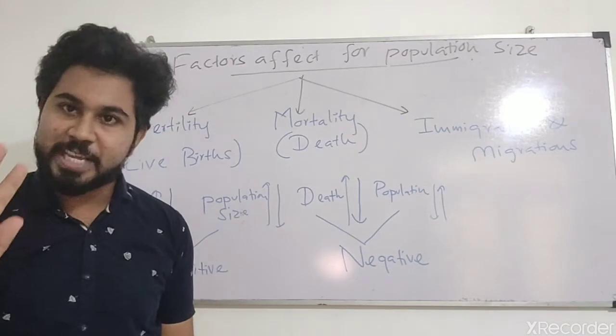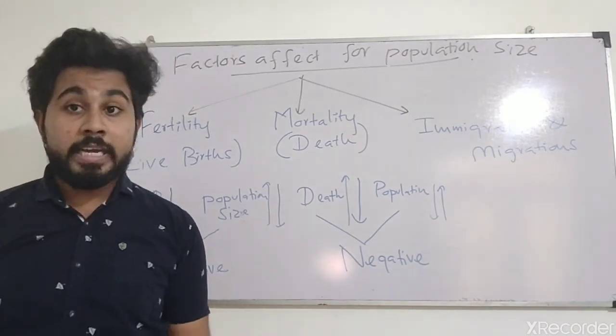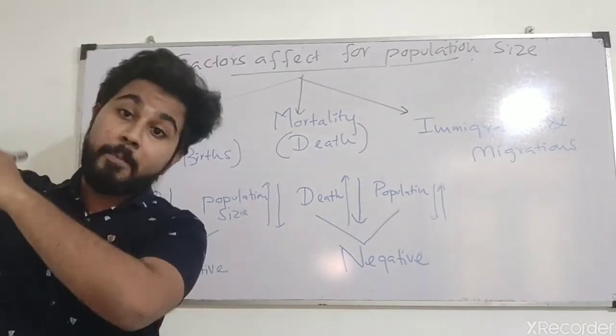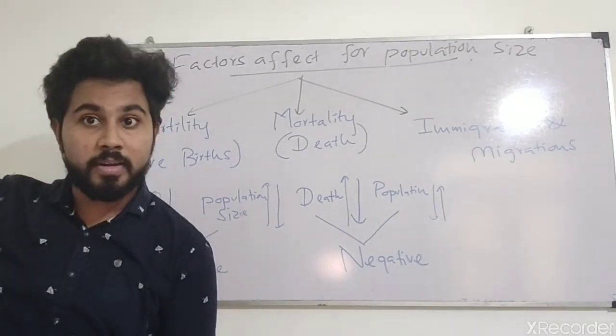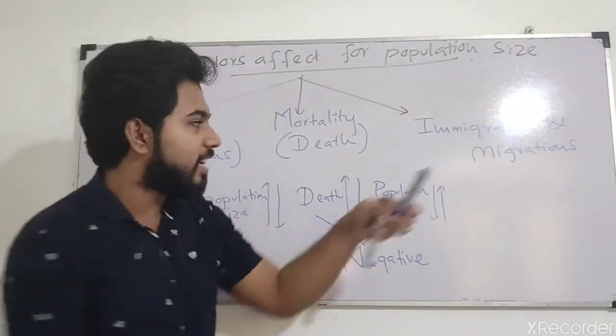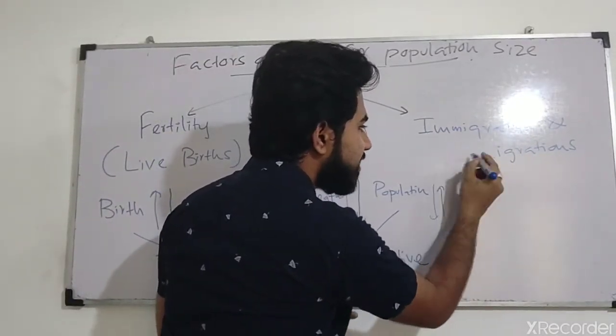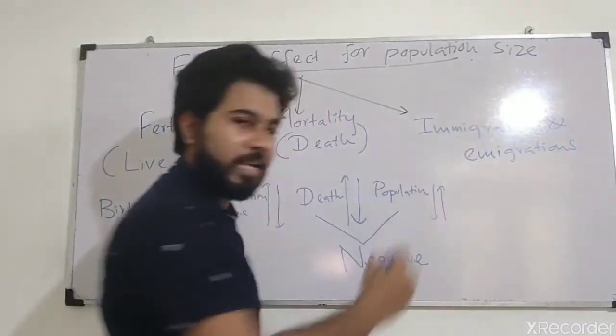Then we call that immigration. But if a Sri Lankan person goes out from Sri Lanka and establishes permanent residence abroad, then that is what we call migration or emigration. We can say this as emigration as well.